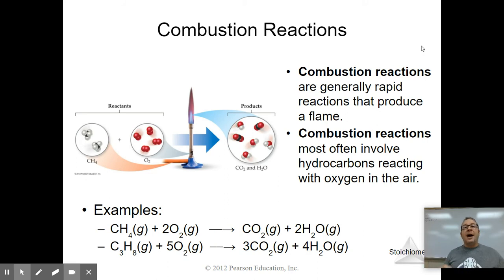And when we have hydrocarbons reacting with oxygen in the air, our products are always going to be carbon dioxide and H2O, both gases.